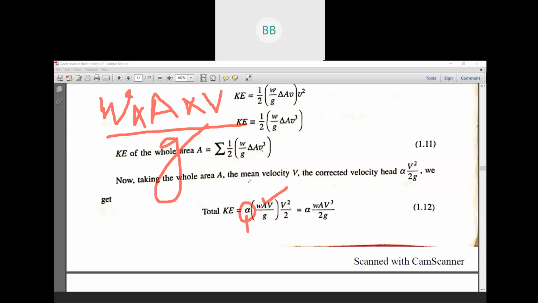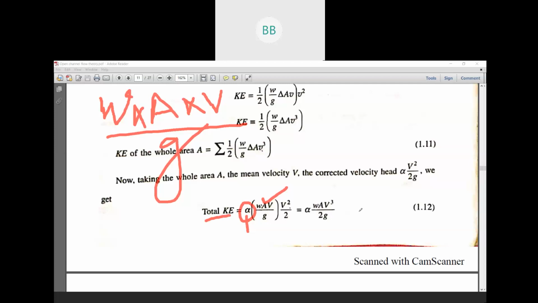So in place of mass we have substituted this whole expression, that is specific weight multiplied by area multiplied by velocity divided by acceleration due to gravity. And because of this velocity we have multiplied by a coefficient called alpha. Then we are taking kinetic energy, so half is there, that is why divided by 2, and it's v square.